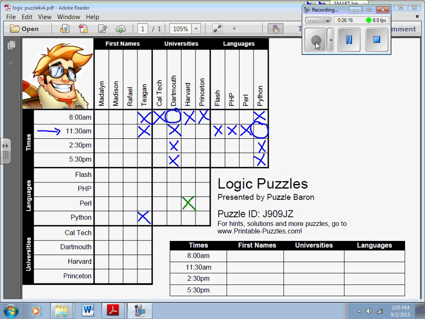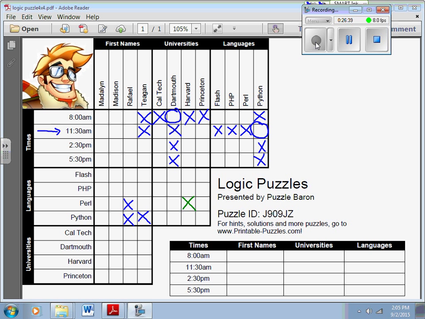Okay. All right, number 5. Either the Flash programmer or the PHP programmer is Raphael. So Raphael can only be the Flash programmer or the PHP programmer. He cannot be the Perl programmer or the Python programmer.